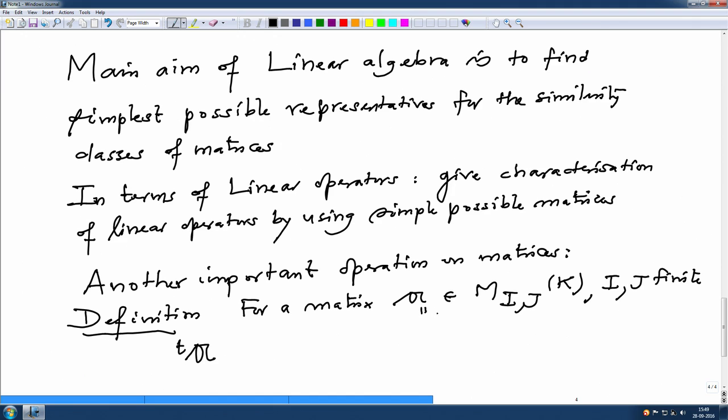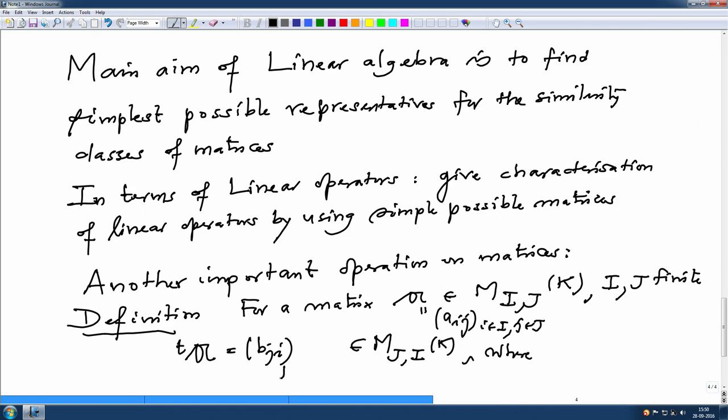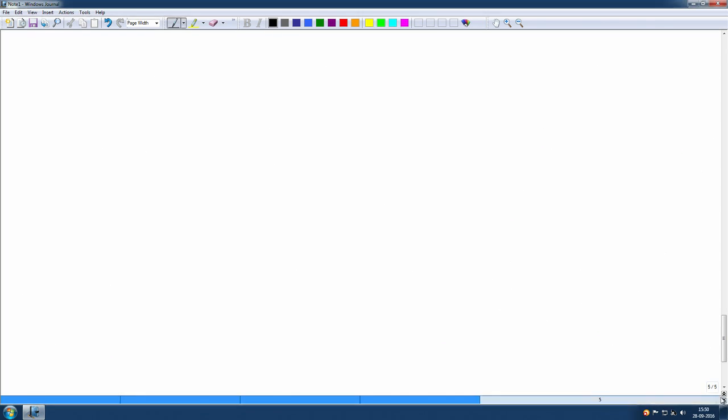So if this is A_ij, i in I, j in J, I want a matrix whose rows are numbered by J and columns are numbered by I. So this is B_ji, where j in J, i in I, and this B_ji is nothing but A_ij.